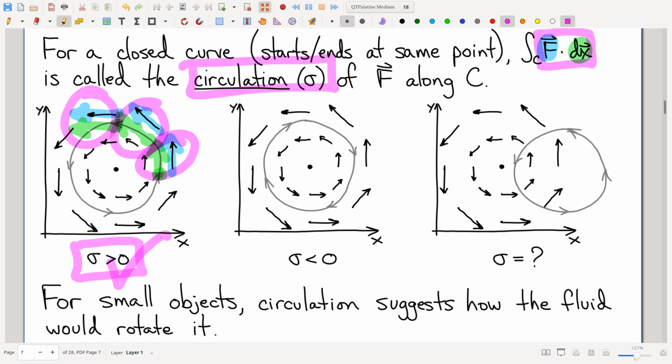So let's think about how we could say this. Again, we've already talked about the fact that this expression, this vector line integral, represents the extent to which the fluid flows along the curve. So you can literally see here the fluid flowing very much along the curve, right?